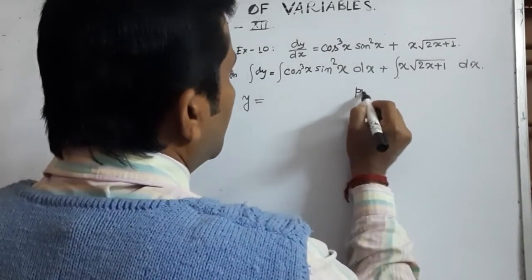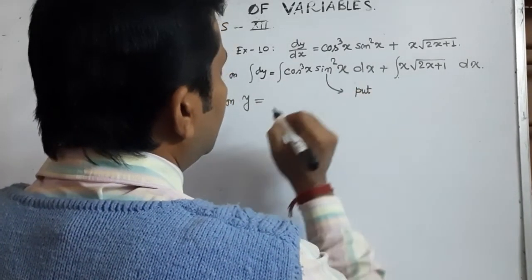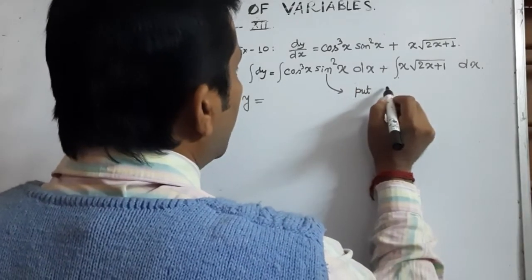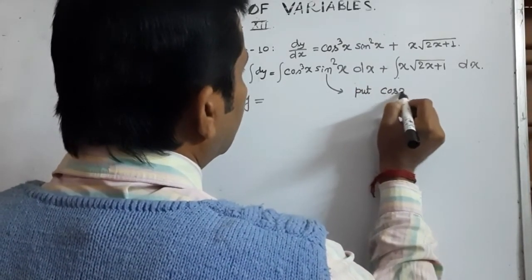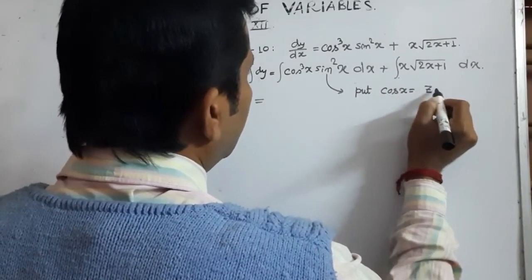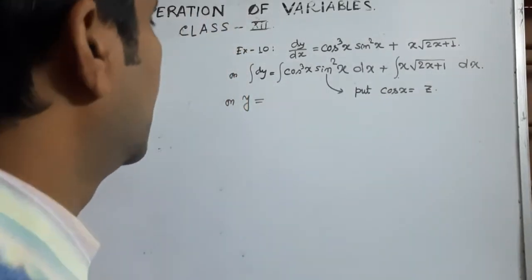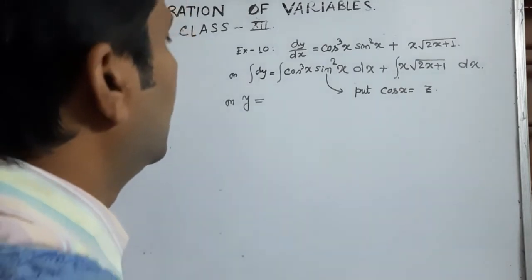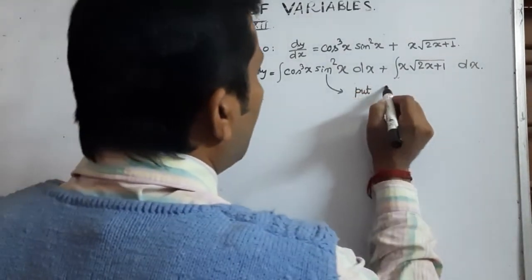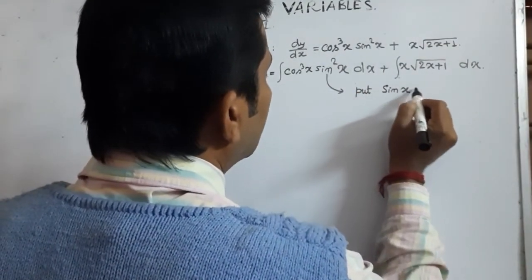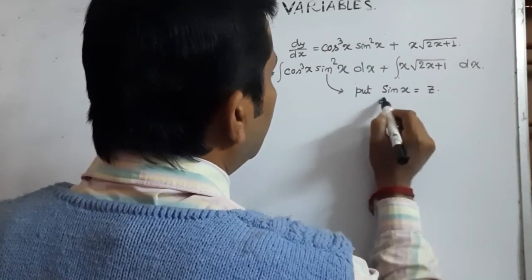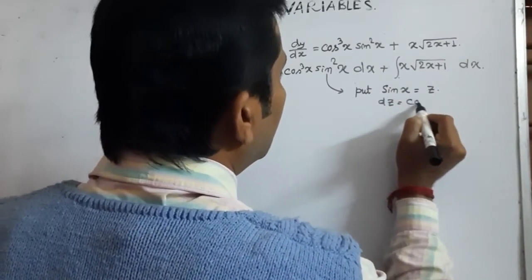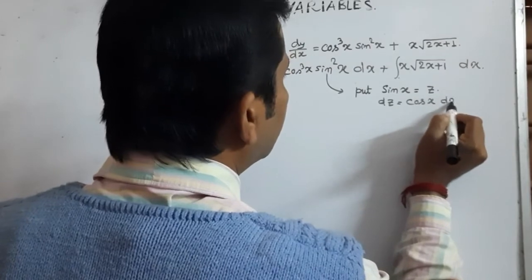Or y = ... In the first integration, put sin x = z, then dz = cos x dx.